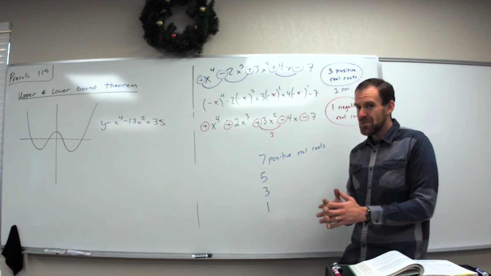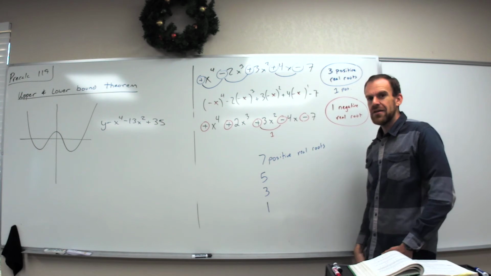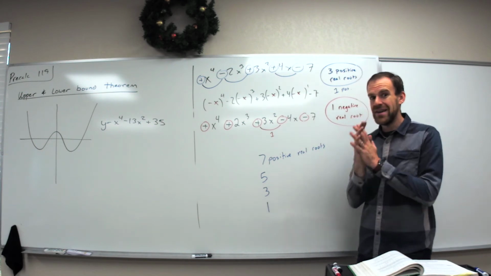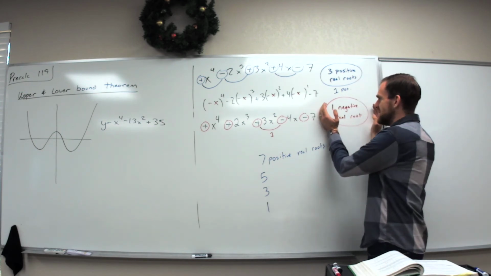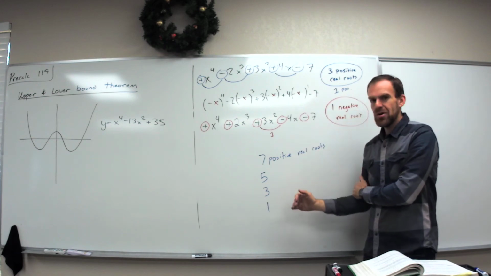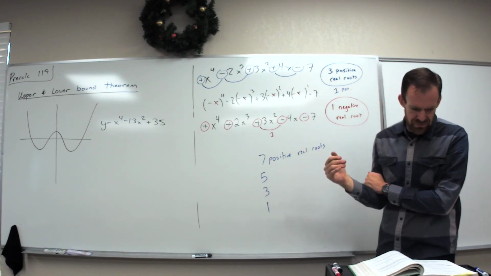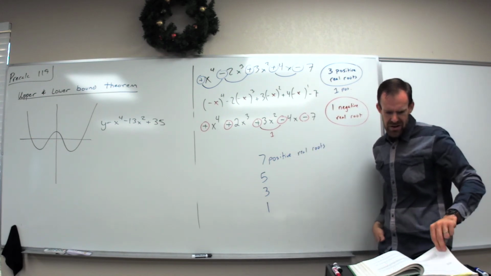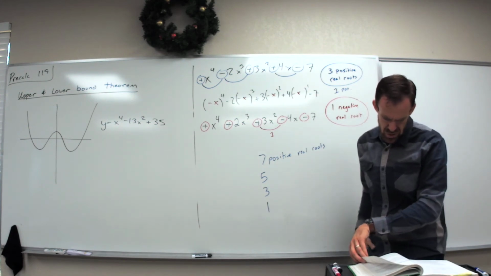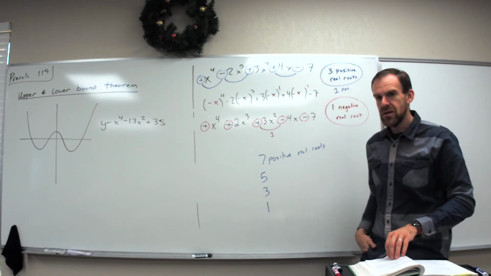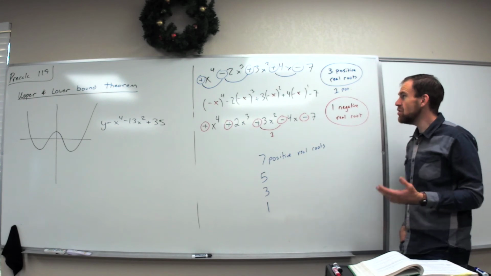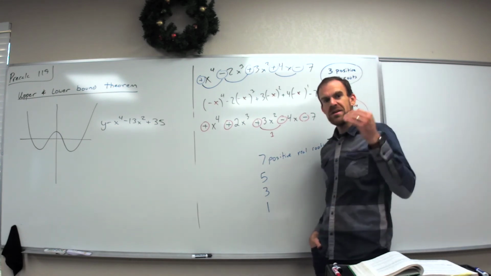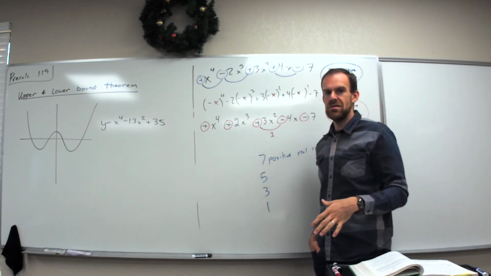Now, here's what's great. If you find that you have 1 negative real root, you have 1 negative real root. This is guaranteed. But if you have a number higher than 2, and I believe it includes 2, so if you have 2 real roots, then it could be 2 or it could be 0.